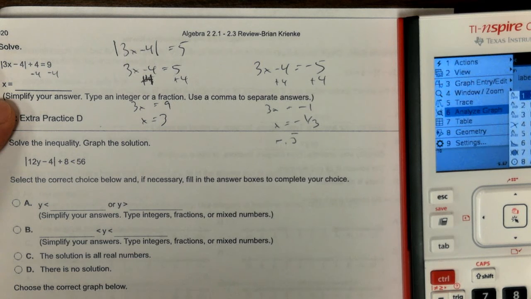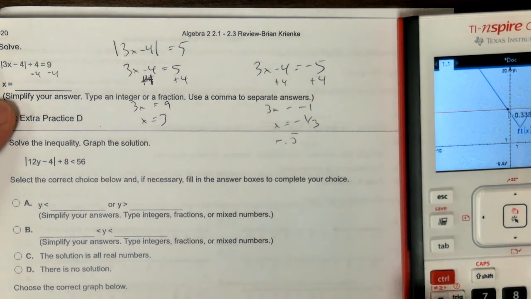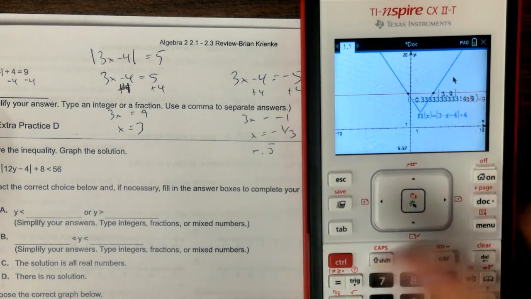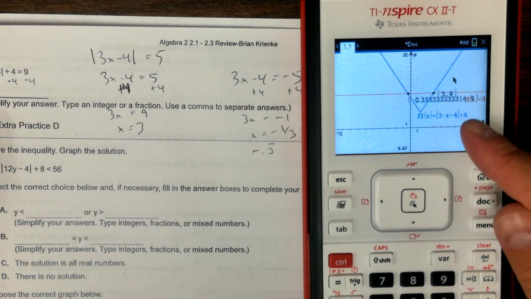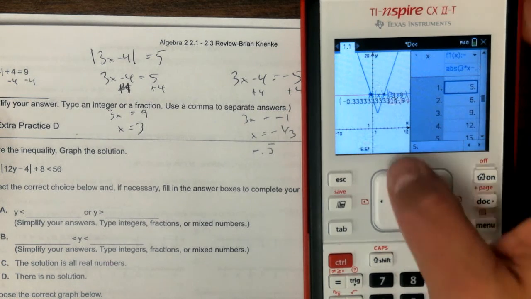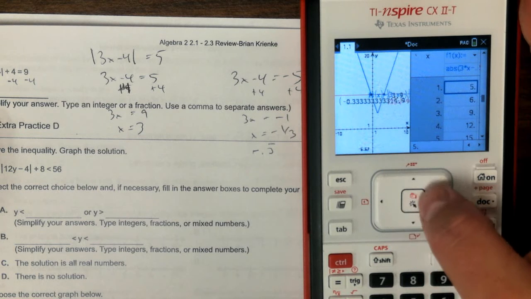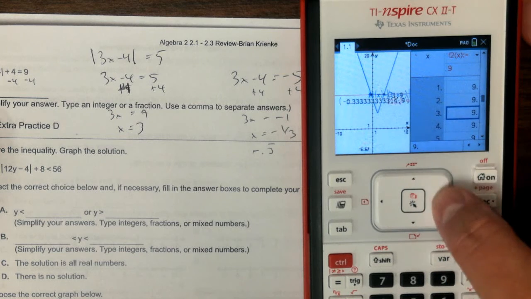Menu, analyze, intersect between here and here. Just move this. You get 3,9. So again, the advantage of using the graph is because if you look in the table, you won't see all of them. 3, 9, 9.